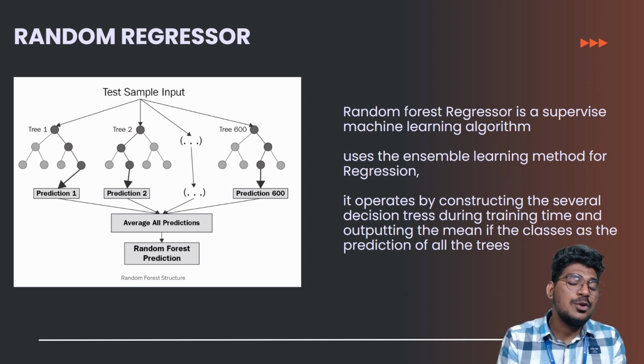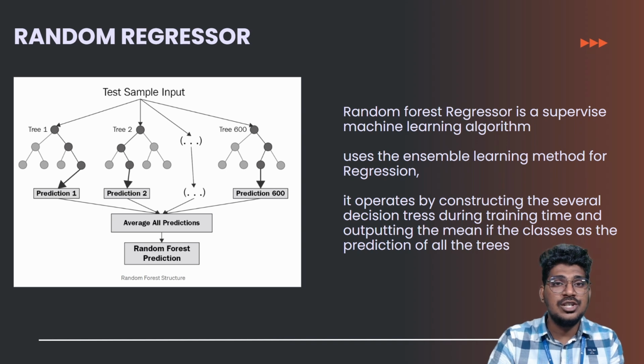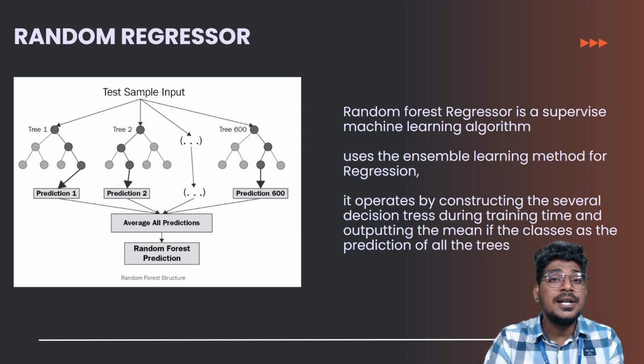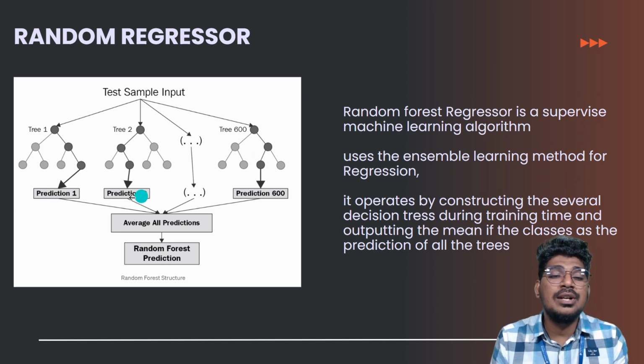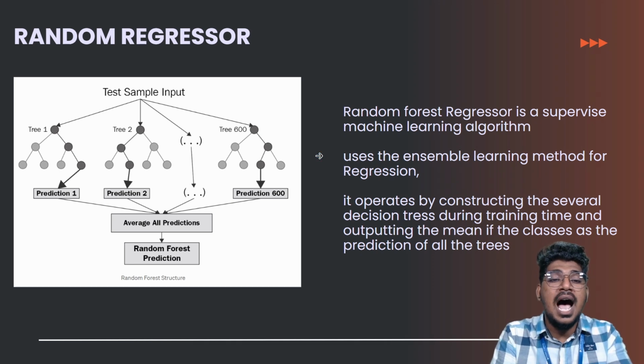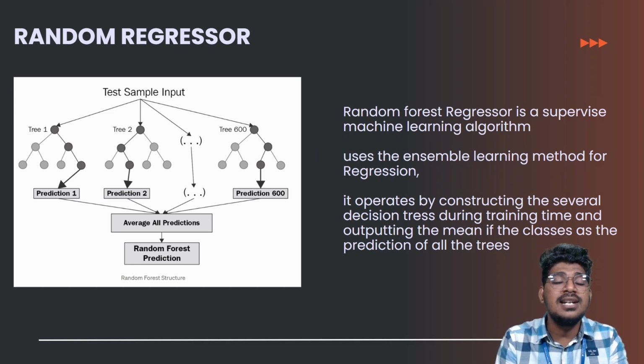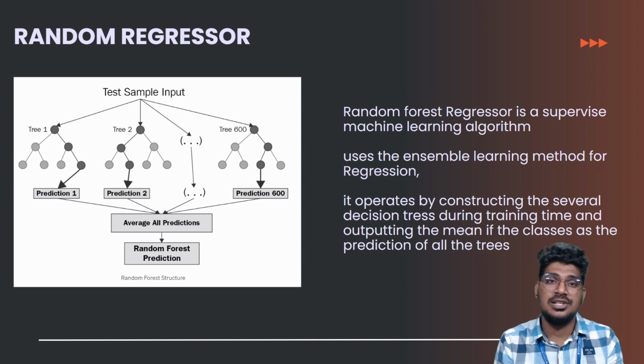But here we apply the sampling and the random data set on each and every tree. Each decision tree gives one particular prediction value. Those prediction values, till 600, are put into the average of all the predictions: the mean, or averaging section, or voting section.